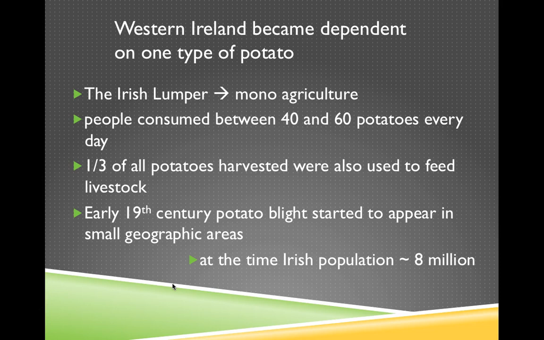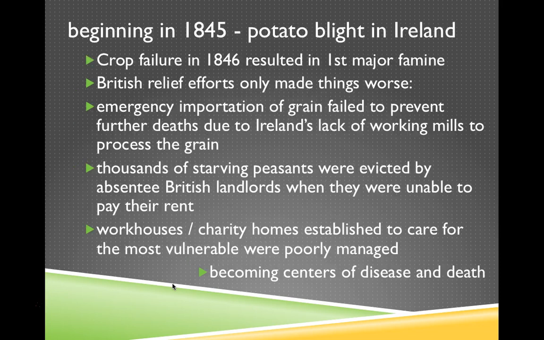And at the time that this blight starts to creep in to the various potato crops, the population in Ireland was about 8 million. It had grown significantly within just the past 100 years or so. By the time we get to 1845, the potato blight is firmly established in Western Ireland.